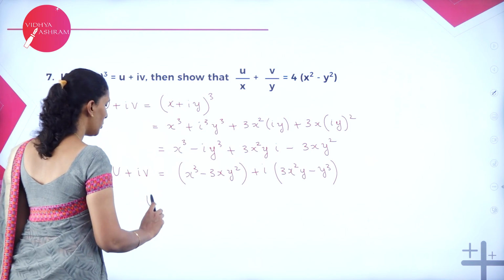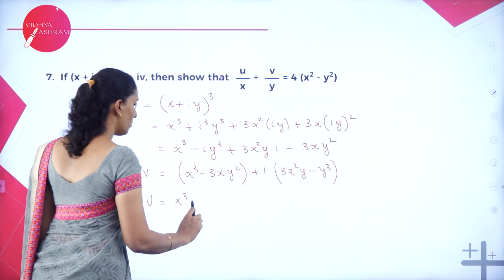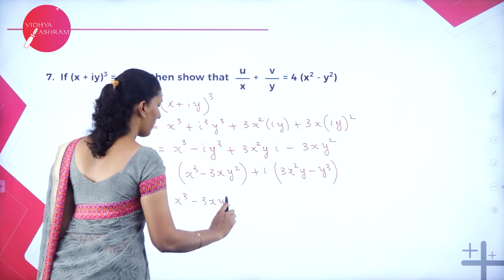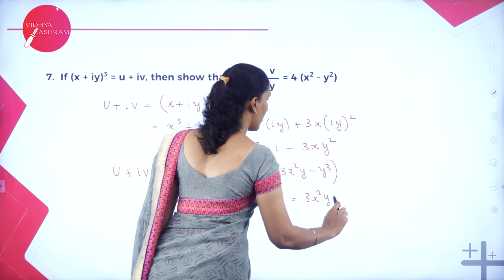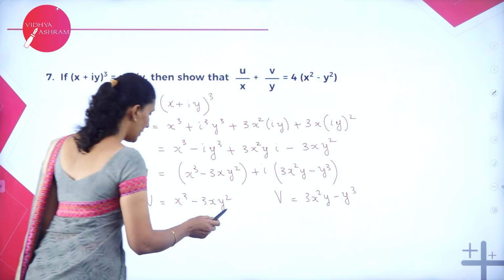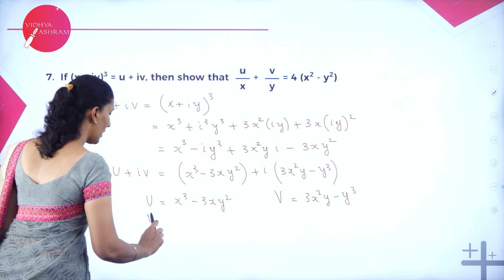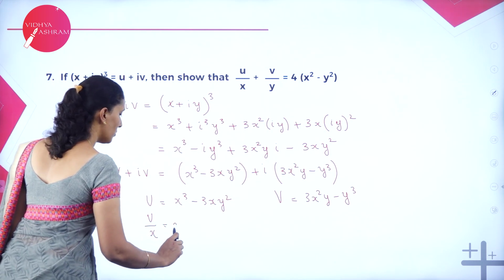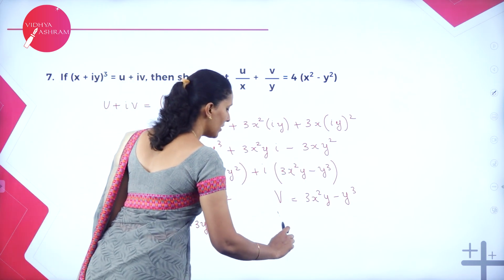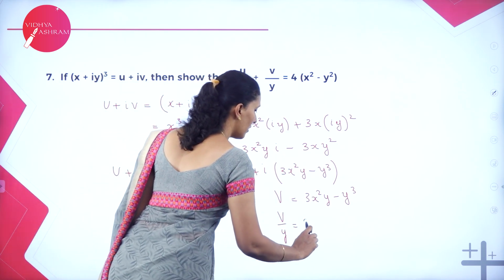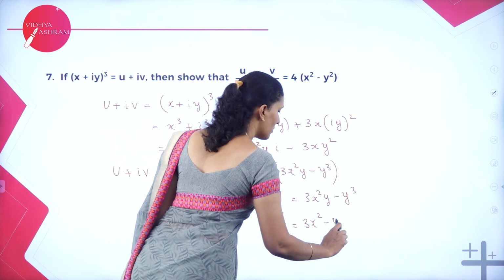You will get u is equal to x cube minus 3xy square. Similarly, v is equal to 3x square y minus y cube. Divide the first by x, then you will get u by x is equal to x square minus 3y square. Divide the second by y, you will get v by y is equal to 3x square minus y square.